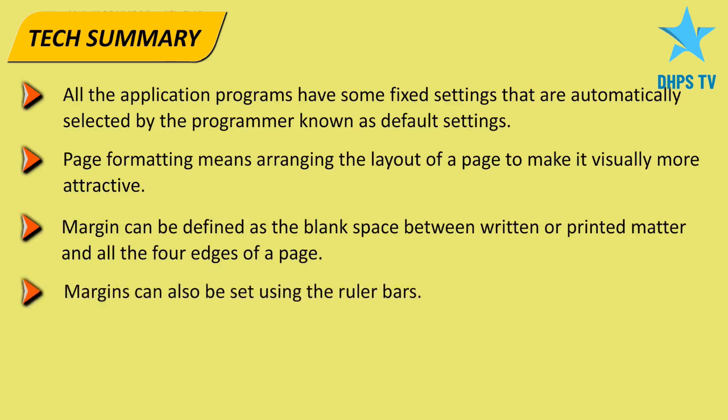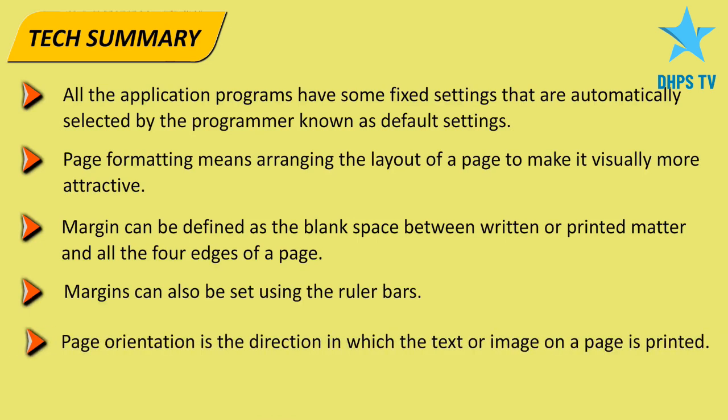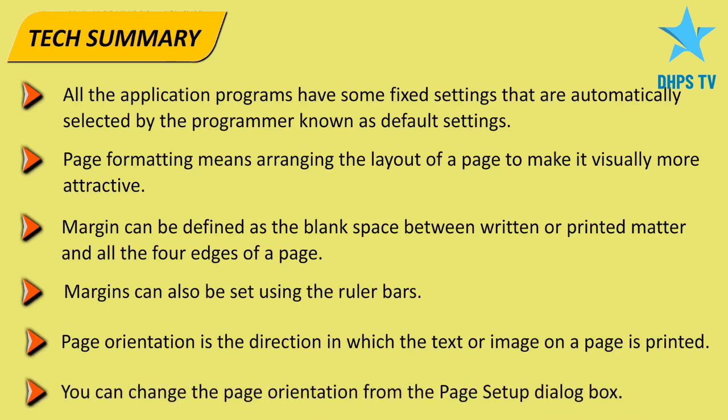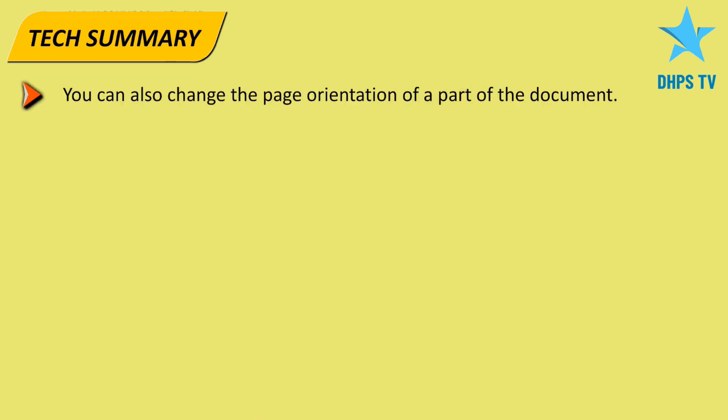Margins can also be set using the ruler bars. Page orientation is the direction in which the text or image on a page is printed. You can change the page orientation from the Page Setup dialog box. You can also change the page orientation of a part of the document.